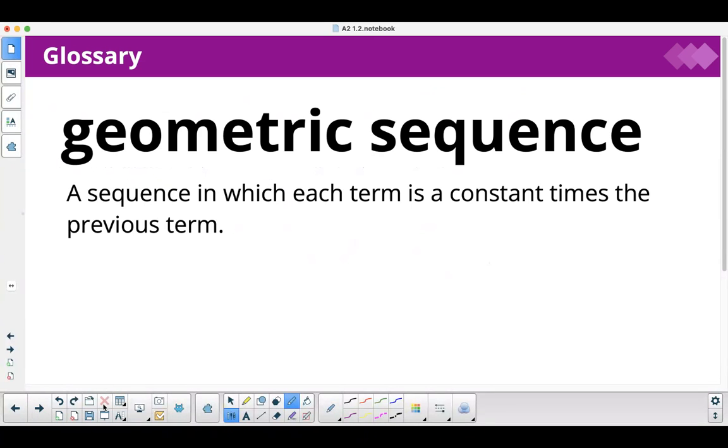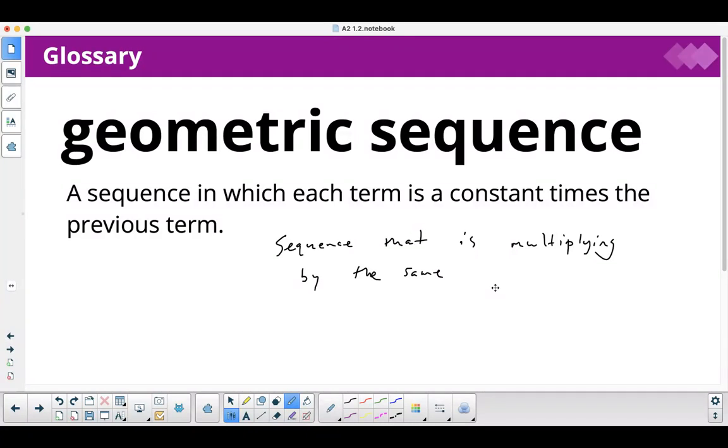Geometric sequence, if you want to jot that down somewhere in your notebook, formal definition: a sequence in which each term is a constant times the previous term. Basically, you could also put a little note here: a sequence that is multiplying by the same number.